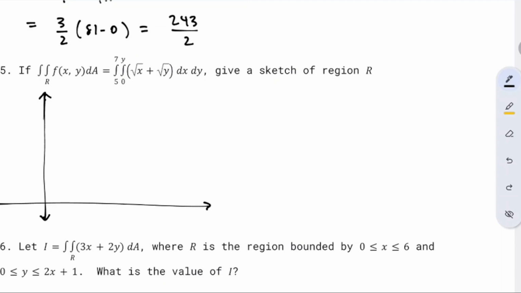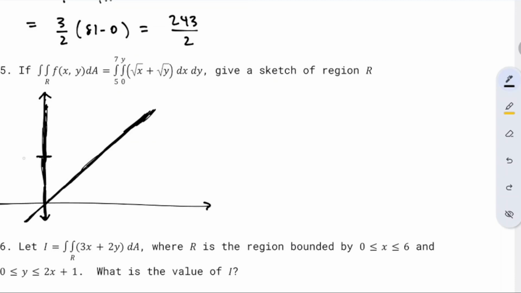That's the y-axis. That's my left edge of my region. So I'm going to give that a little bit of thickness. Then the right edge is x equals y. X equals y is the same as y equals x, so I know that that's a boundary. And then y equals 5 to y equals 7.